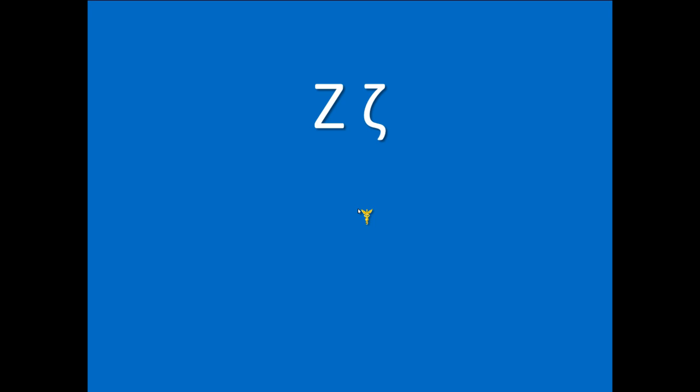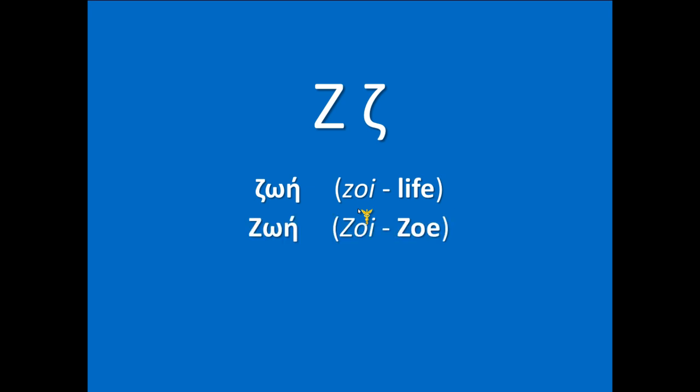a Greek word that starts with this letter is the word zoe, that means life. It can be as a name, like this, Zoe.